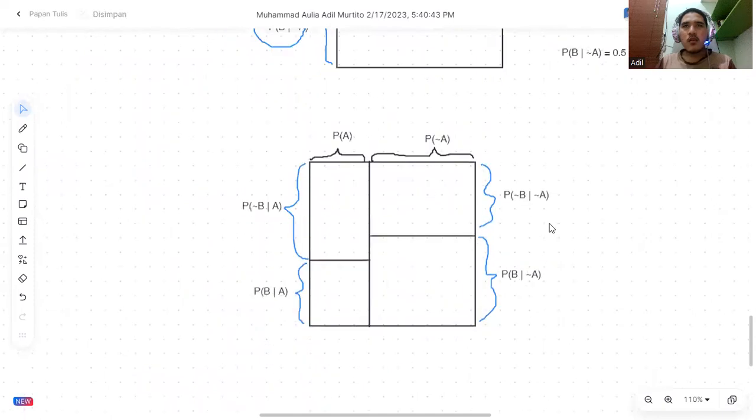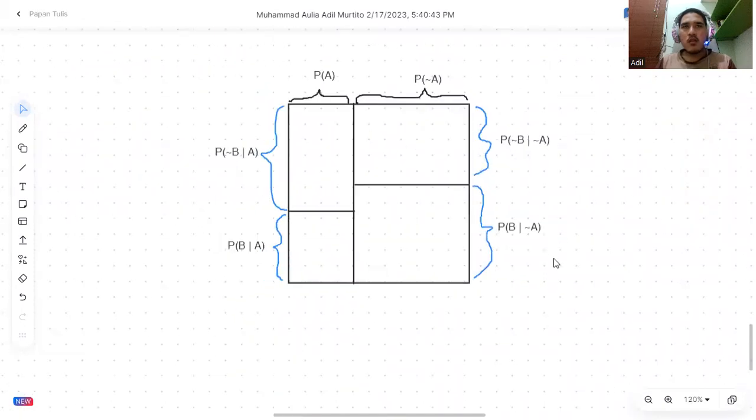First of all, let's see here as P(A). This actually represents some kind of length, and this is a height.